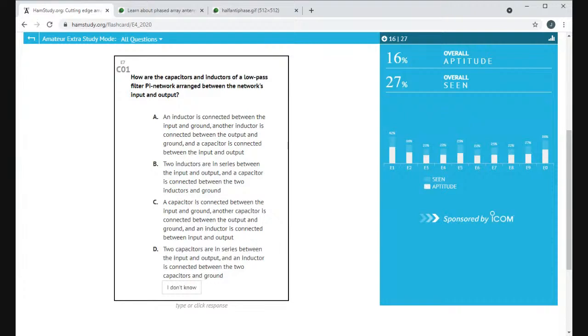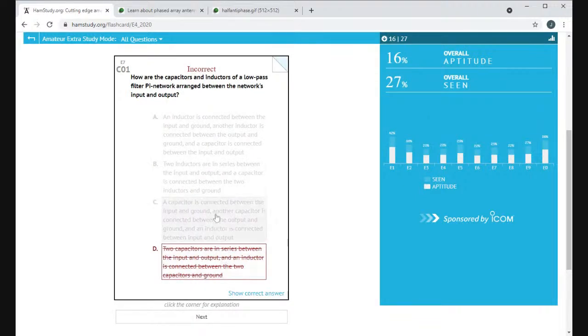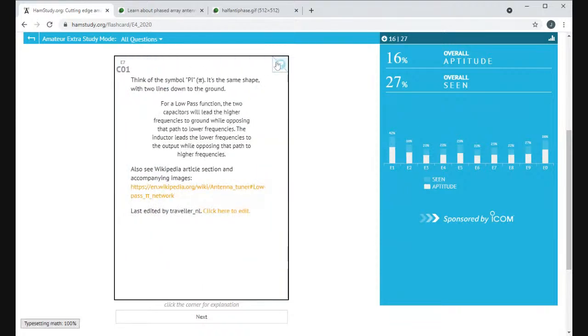This one is difficult. I'm just going to go with D. Nope, it is C. The capacitor is connected between input and ground. Another capacitor is between output and ground. And the inductor is connected between the input and the output.